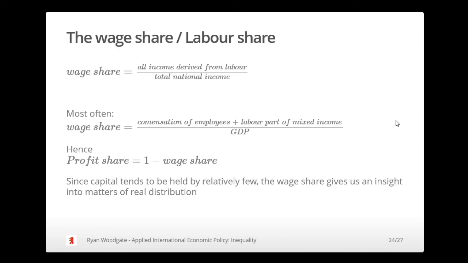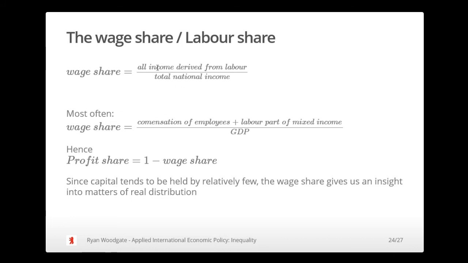Remember, functional income distribution is simply measuring inequality in terms of the functions performed in society, typically divided just between workers and capitalists. And the wage share, which is also called the labor share, means the same thing, is simply all income derived from labor divided by the total national income. If you want to express this as a percentage, then times 100.